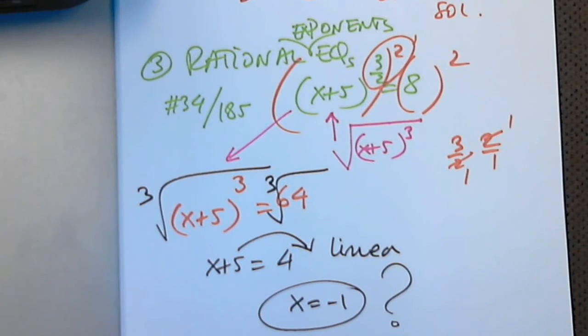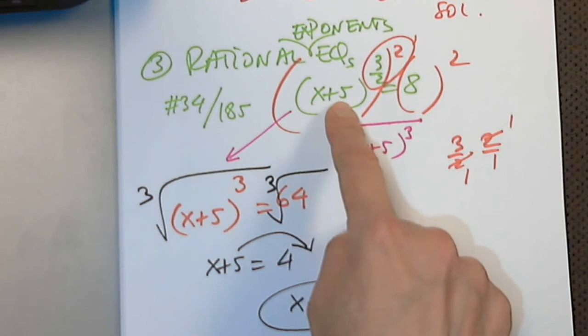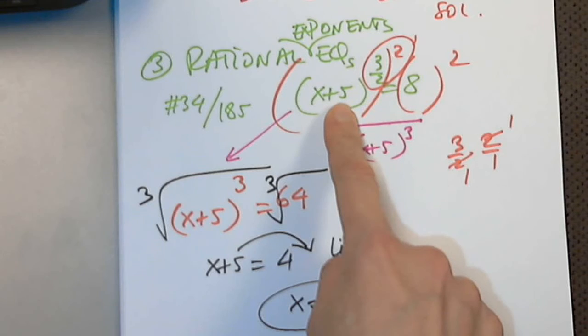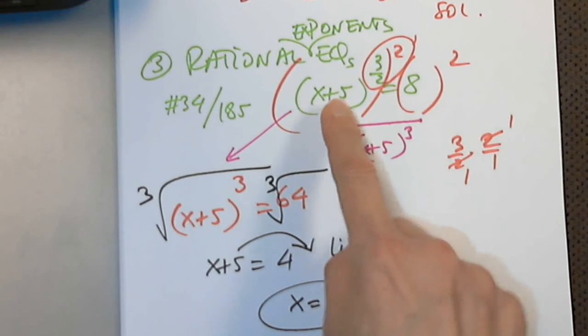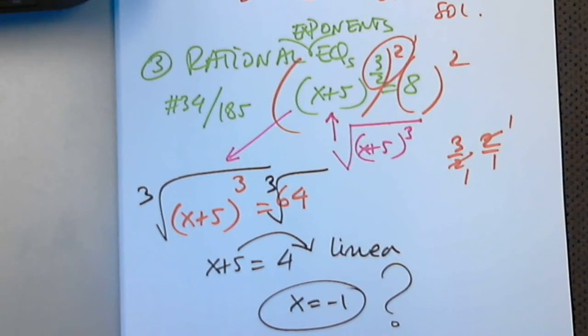It comes with a question mark. I have no clue. So I have to plug it back in the original problem. -1 plus 5 is 4. And it's raised to what power? Good. So let's do that with a calculator, to illustrate that. Here it is.